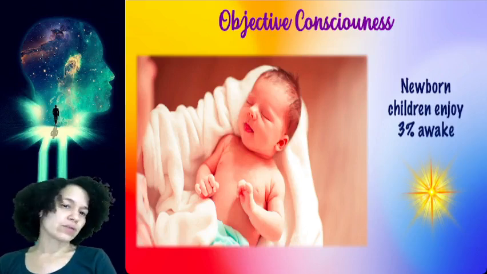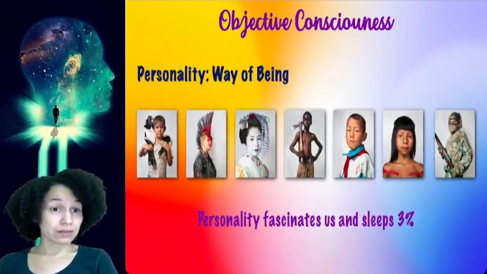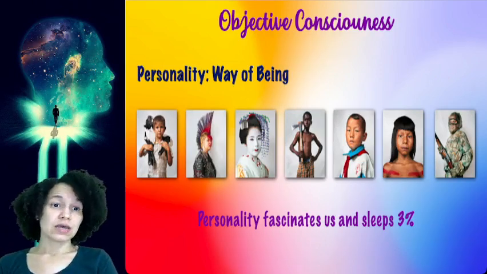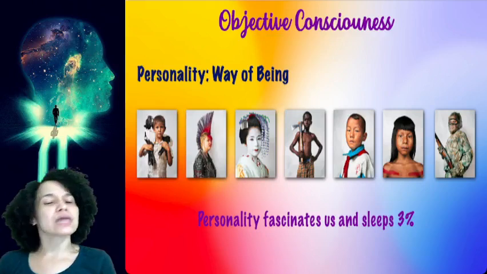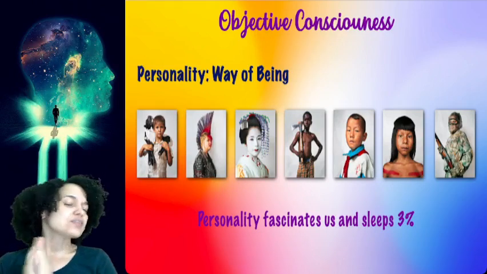And when they start growing up and forming a new personality, a way of being, the defects start entering the human machine. And what is the personality? The personality is that, a way of being, the way of being that we create in every existence. In each existence, we have a different personality.